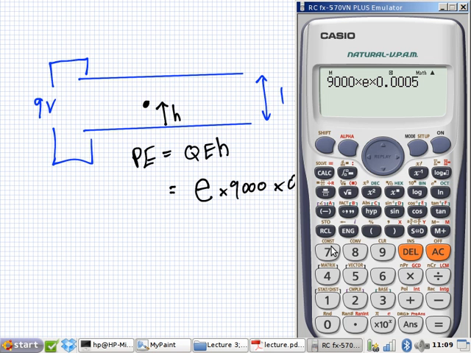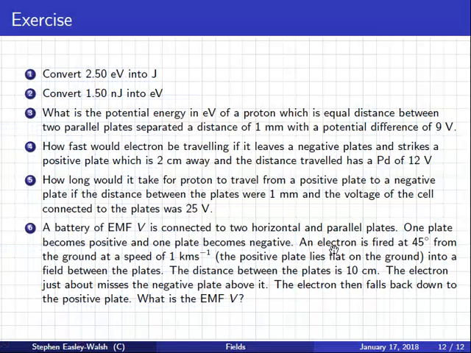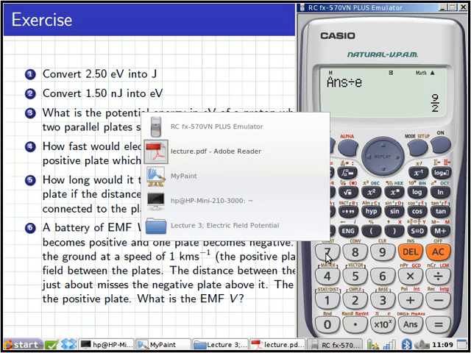Yeah. Now, is this the answer? Not quite, because I said in the question electron volts, to use this unit. This is in joules. So, to convert it into electron volts, 4.5 electron volts.